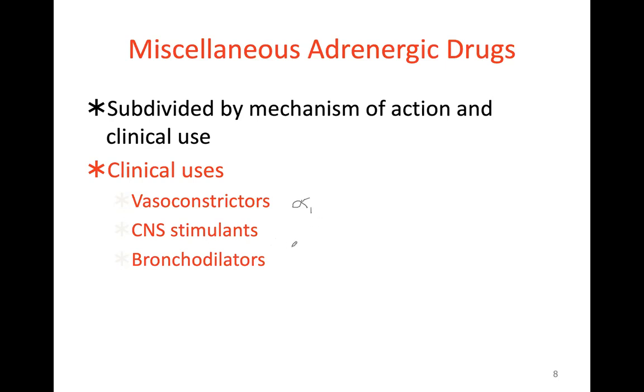We see some that are used as CNS stimulants. Those have to cross the blood-brain barrier, and a lot of times those may be due to their alpha-2 actions. And then peripherally, we see the bronchodilators, and these we're primarily looking at their beta-2 actions. So from a peripheral standpoint, most of these adrenergic drugs, we're focusing on either their alpha-1 or their beta-2 actions.